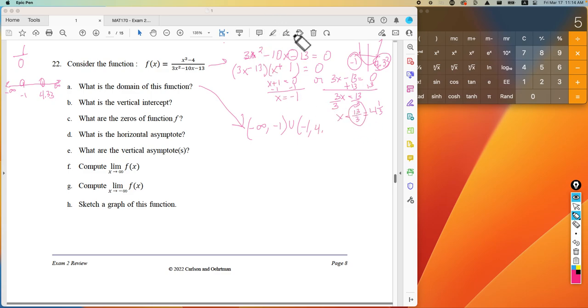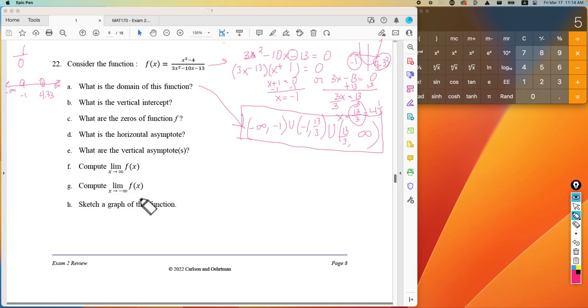Maybe we should use that instead of 4.33, because 4.33 is not exact, but 13 thirds is. And then we union 13 thirds all the way to infinity. Okay, so that's going to be our domain, everything except for those two x values.